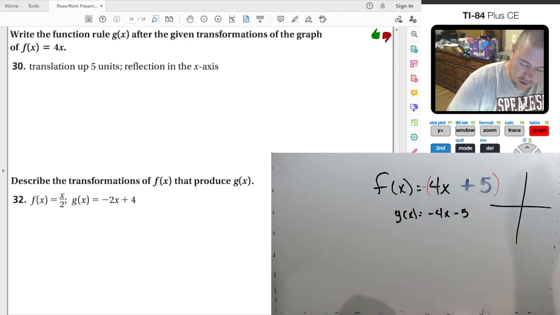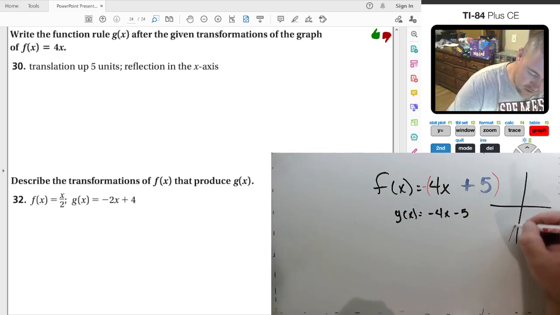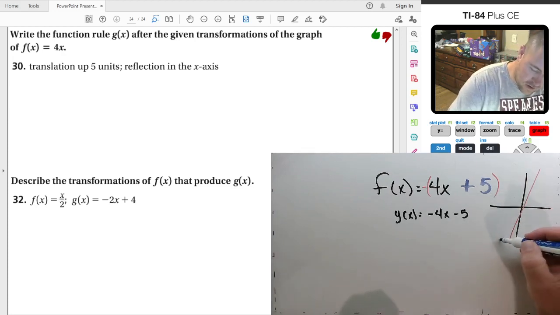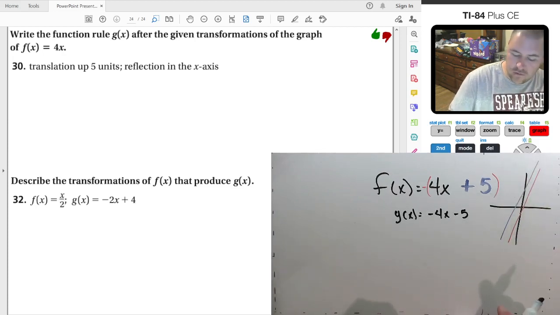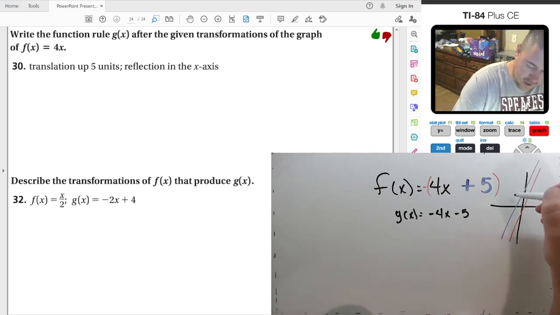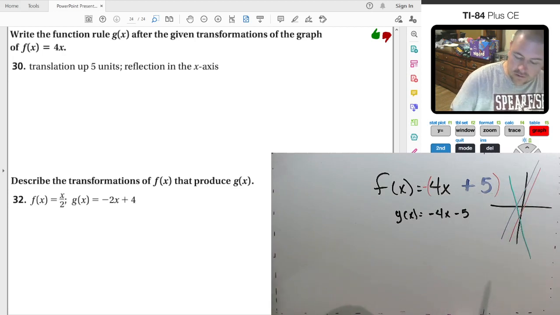What that would look like is taking this line, moving it up 5, and then reflecting it over the x-axis like this.